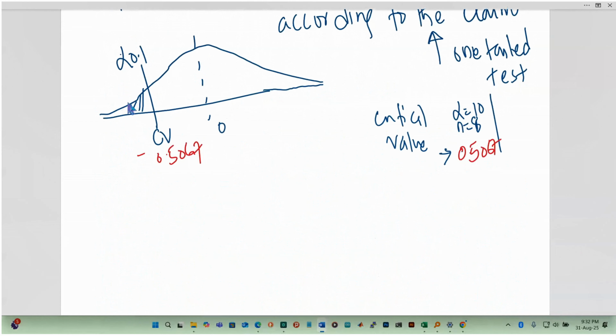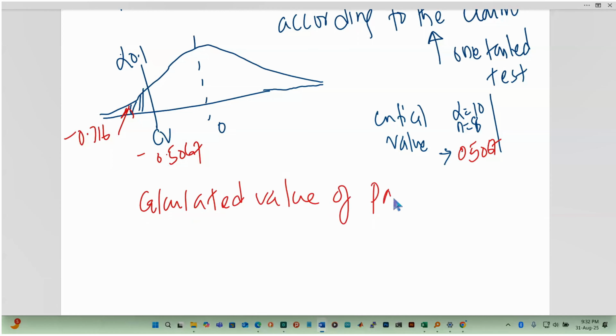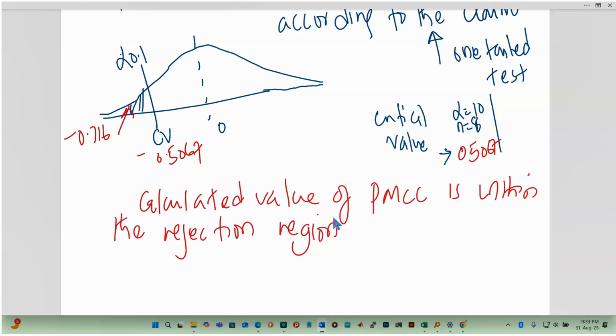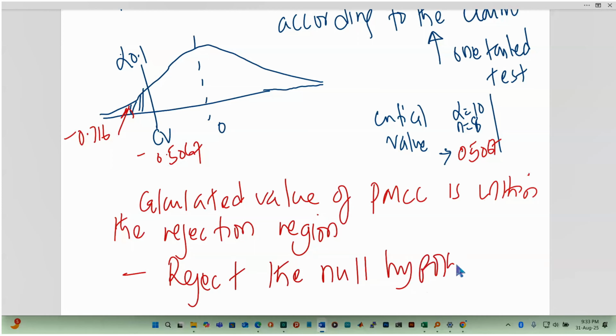So you realize the calculated value is 0.716 negative. So it's within the rejection region. So you can say the calculated value of PMCC, the product moment correlation coefficient, is within the rejection region. So if it is within the rejection region, you reject the null hypothesis.